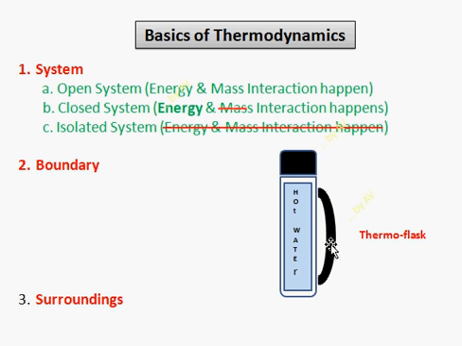And since it is a thermo flask, no heat energy from outside will enter into it, or heat energy from inside won't go outside. Such a thermo flask can be treated as isolated system.